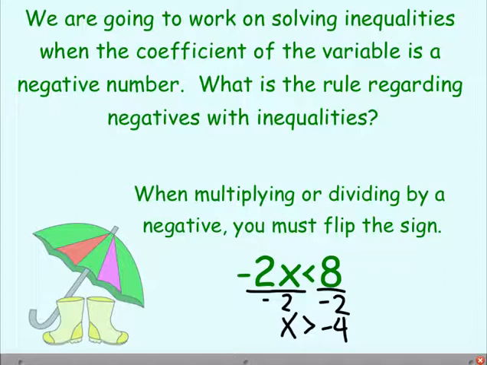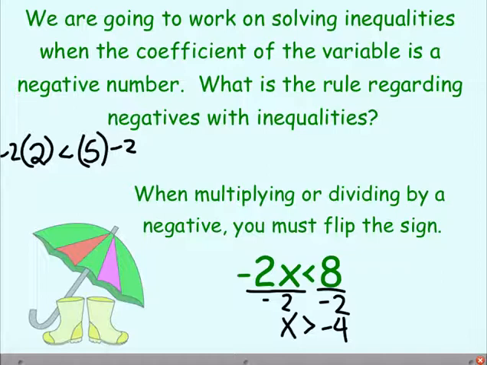Now, the reason behind this, a quick short example of this is, let's say I have a true statement like 2 is less than 5. And I want to multiply each of these sides by -2, let's say. Now, we would assume, because of our normal thoughts about working with our equations, anything I do to one side, I can do to the other side without changing the truth statement.